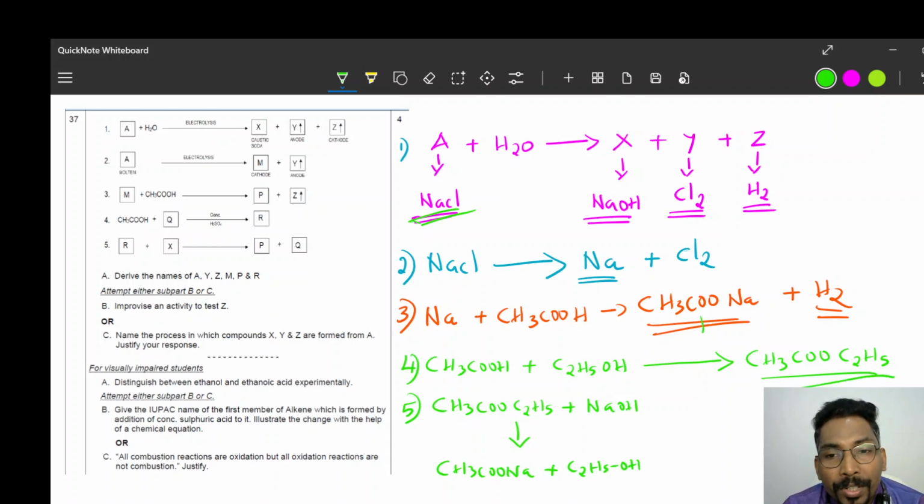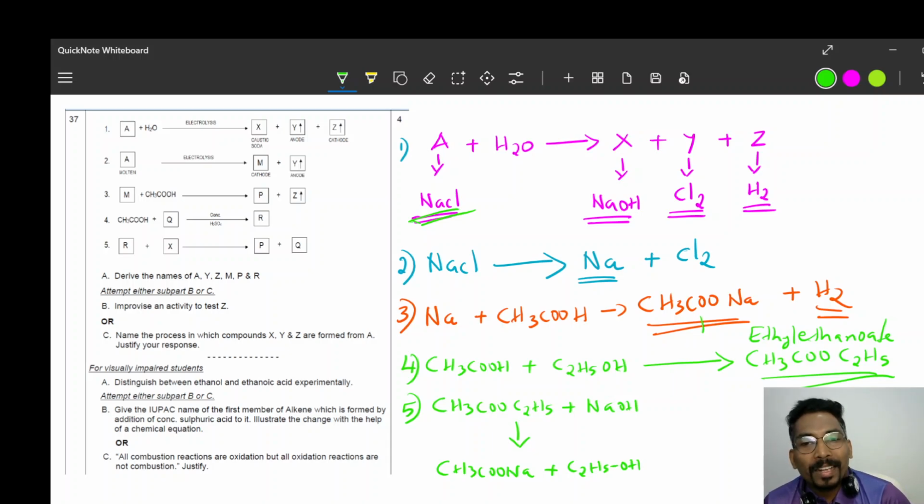What is the name of this ester? This is ethyl ethanoate. So I hope everyone is very clear about the question we discussed today.